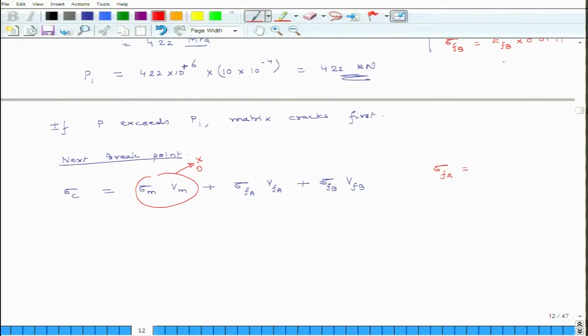So, the next breaking will happen at 2%, right. At 2%, what will be the stress in sigma f a? E f a times 0.02, and stress in B will be E f b times 0.02. Okay.